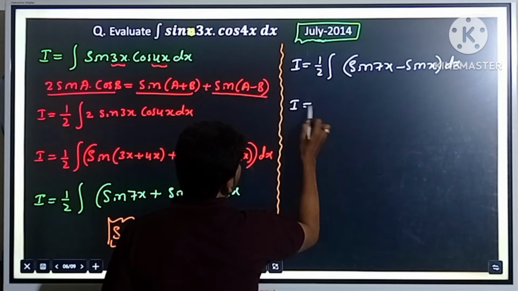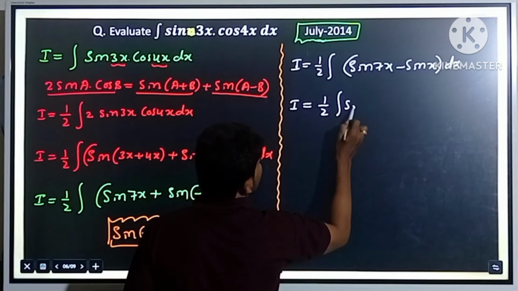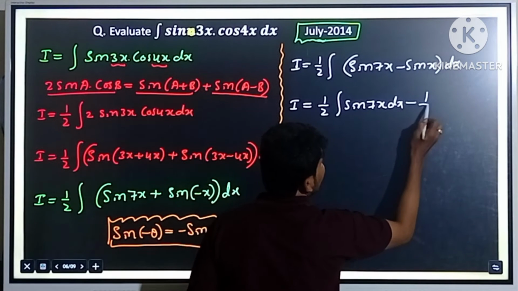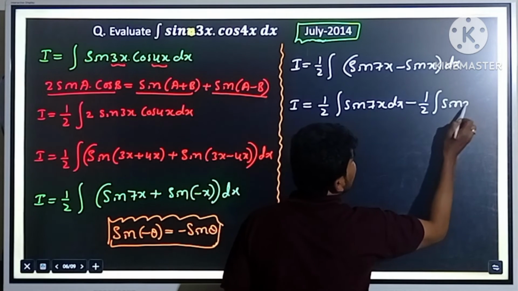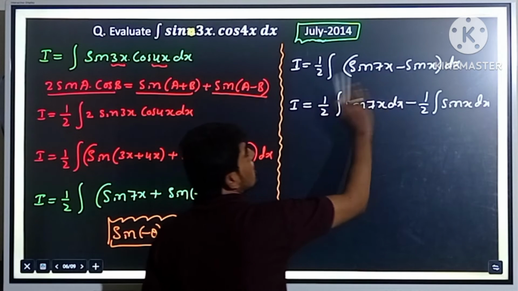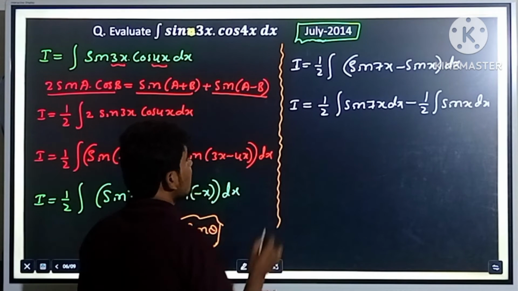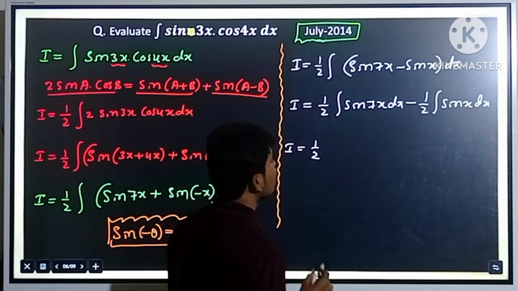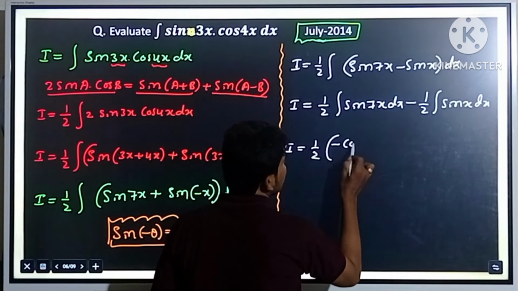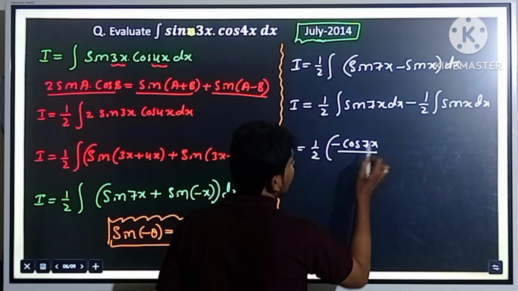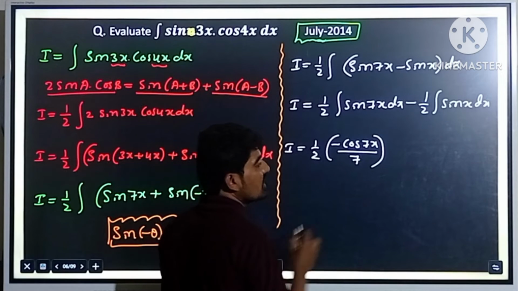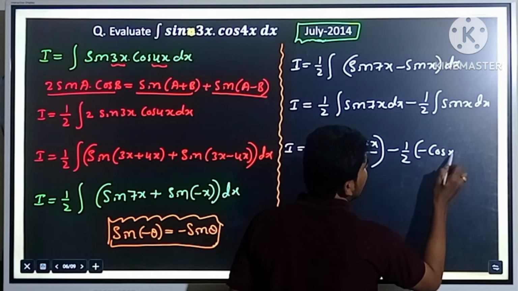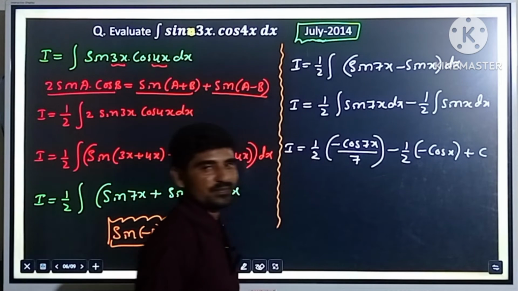I hope all of you are understanding. Now I can be expressed as 1 by 2 into the integration of sin 7x dx minus 1 by 2 into the integration of sin x dx. 1 by 2 is multiplied for both the terms. So I is equal to 1 by 2 into, we know that the integration of sin 7x is minus cos 7x divided by the derivative of 7x, which is 7, minus 1 by 2 into the integration of sin x, which is minus cos x, plus the integral constant c.